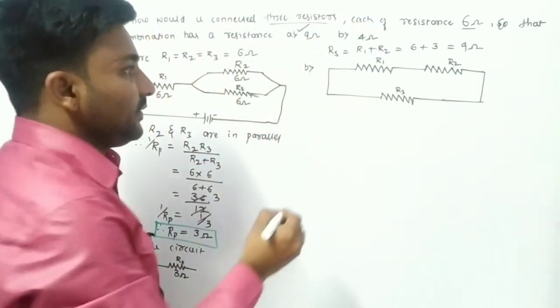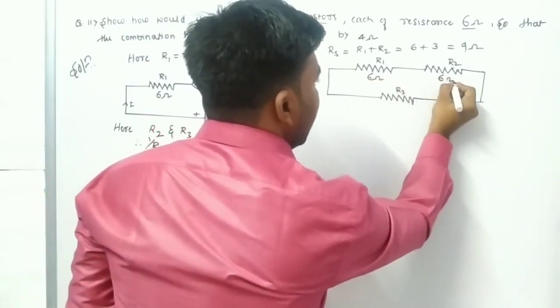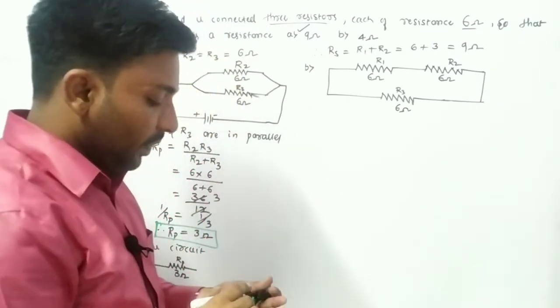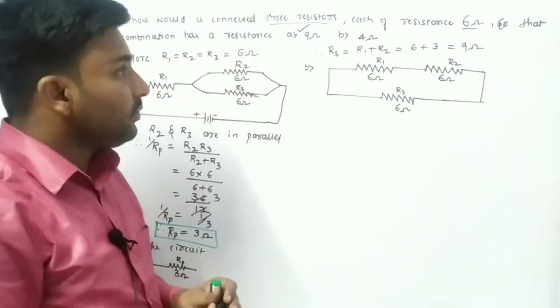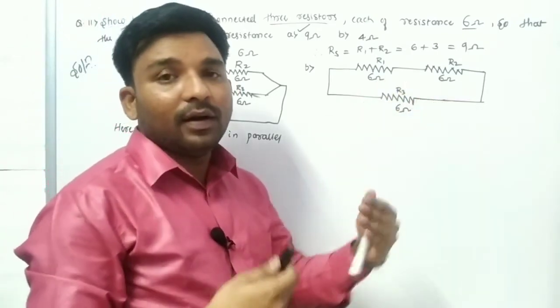Let's see how to check this. All the resistances are 6 ohm, and this one also 6 ohm. Right? Now, R1 and R2 are in series.